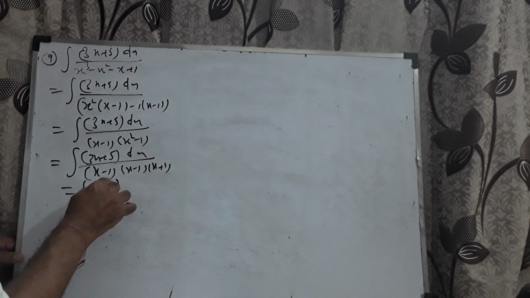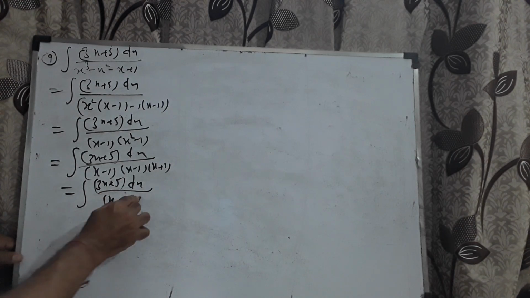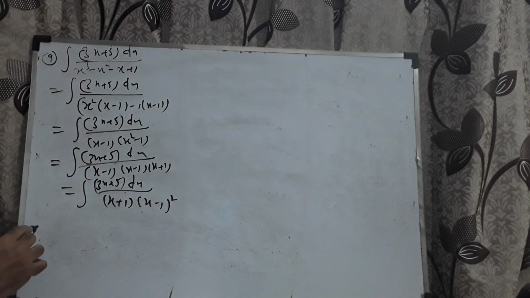This will automatically become (3x+5) dx by (x+1)(x-1) whole squared. Either way you can write.